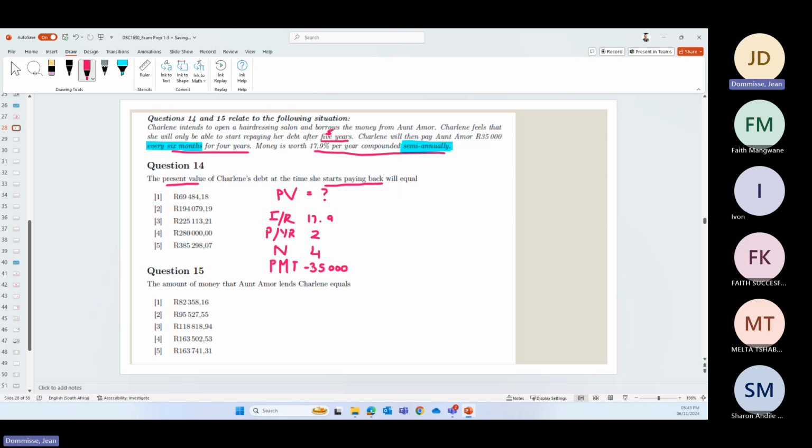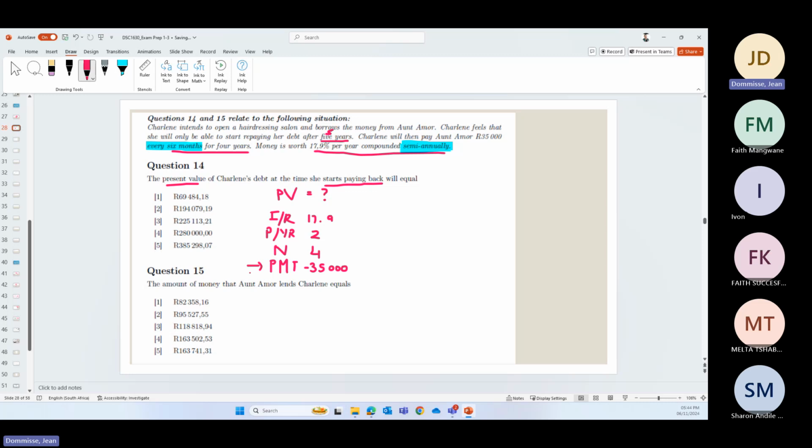Okay, so let's see what else do we need. Working out present value, so that's all that we need. Let me just get my calculator. So on your financial calculators, PMT of negative 35,000.